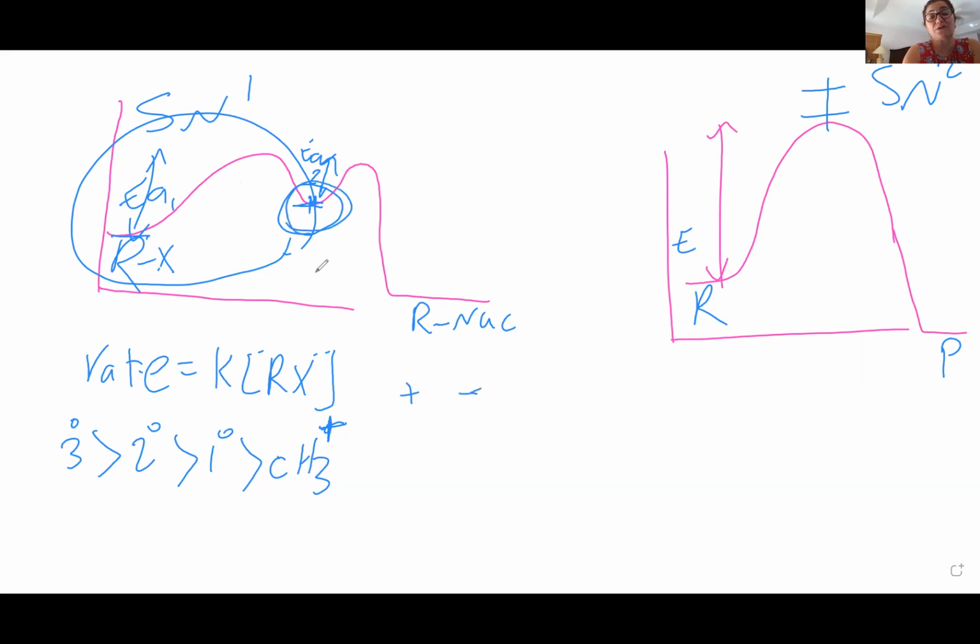You have a plus charge here that can be stabilized by the partially negative charge that you get from your solvent. So polar protic solvents favor SN1 reaction. So we are looking for polar protic solvents.